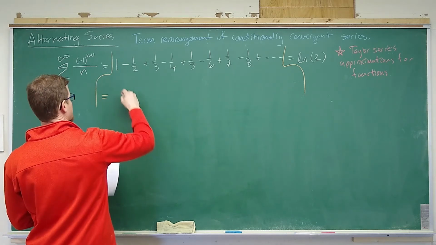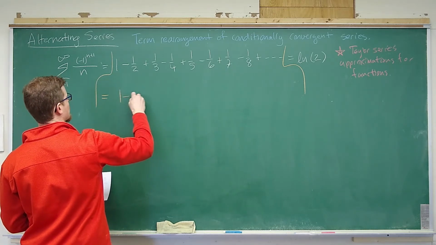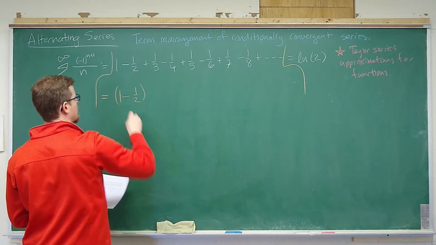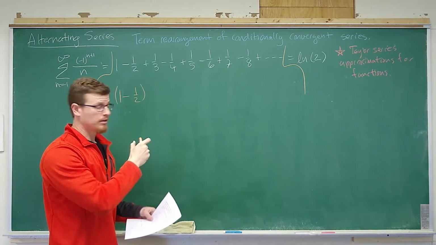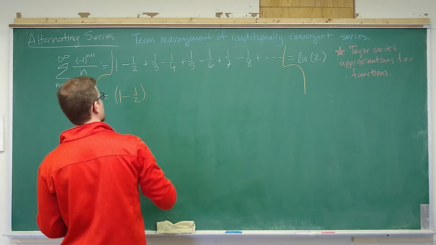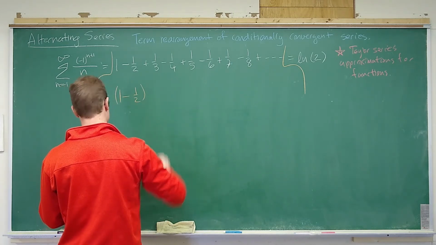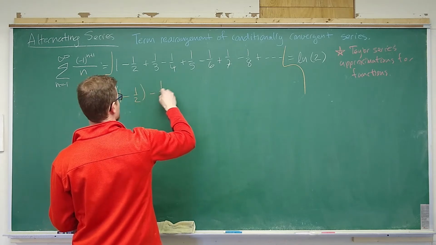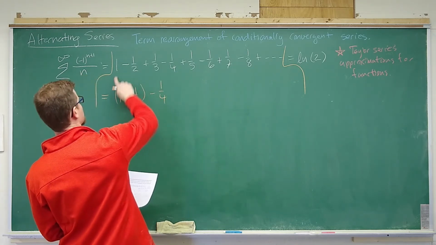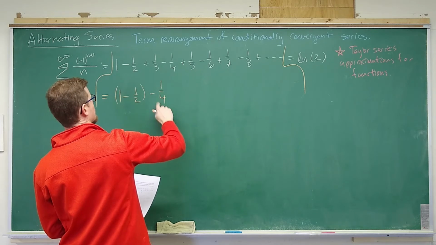So what I'd like to do is take the 1 minus 1/2 and group those together. Then I'd like to subtract 1/4. So I'm using this term, this term, this term.